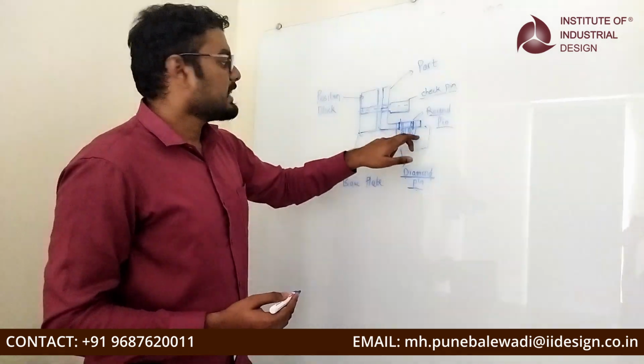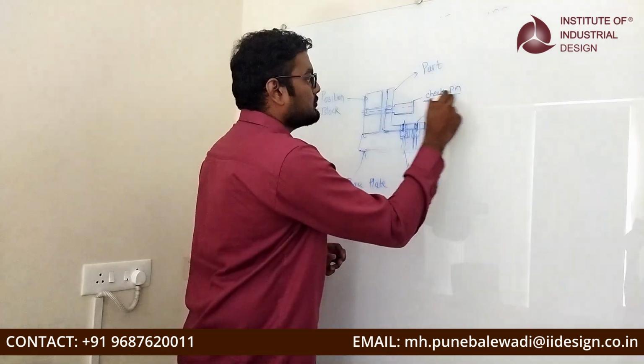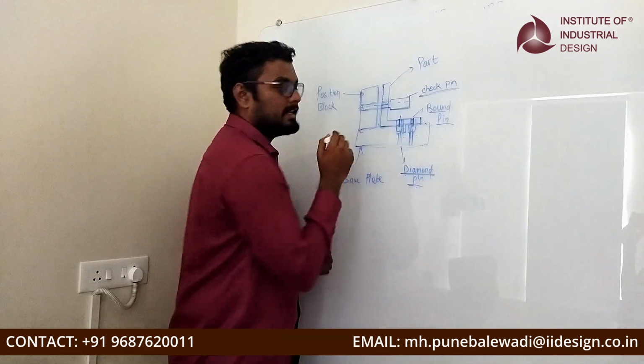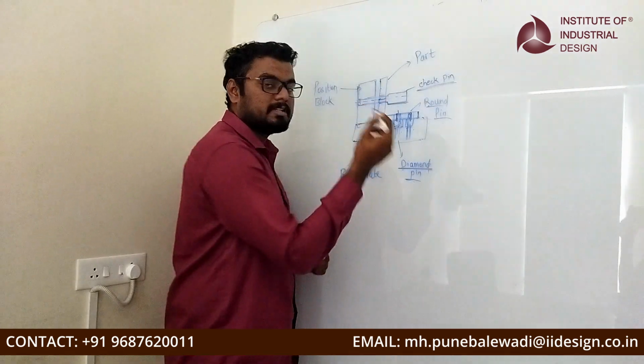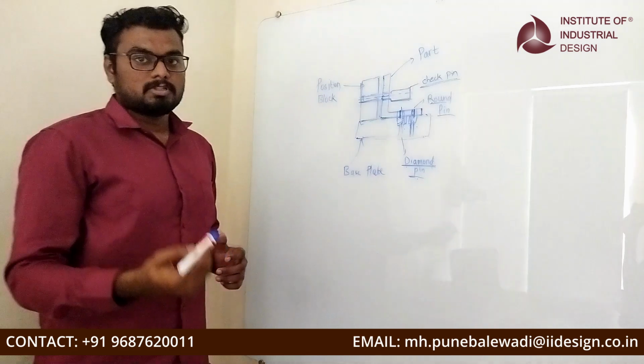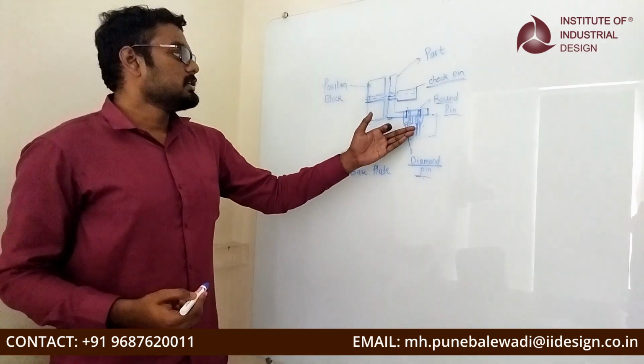We are going to fix this at two positions. Once these two positions are fixed, we are going to use the check pin. This check pin will be inserted through this hole and if the check pin is inserted through this hole and through the hole of the position block, the position of that hole is considered to be correct according to these holes.